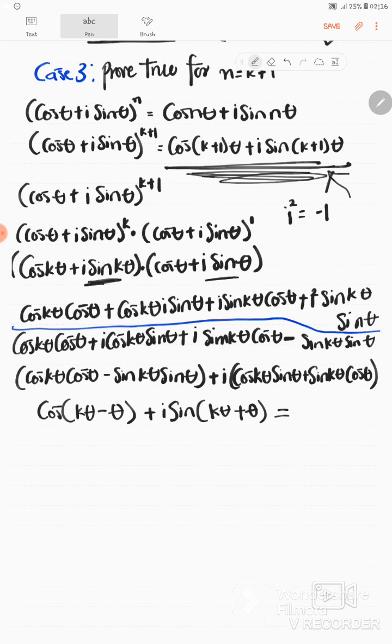Now let's simplify it. We can see theta is a constant here and here, so we can bring it out.